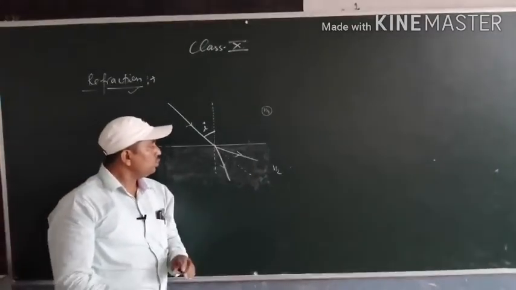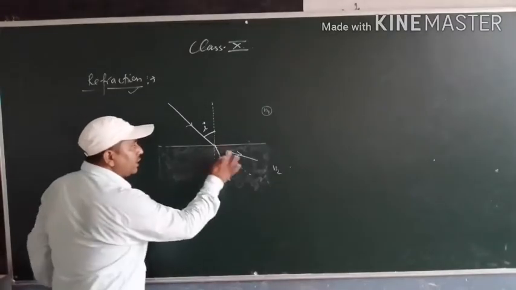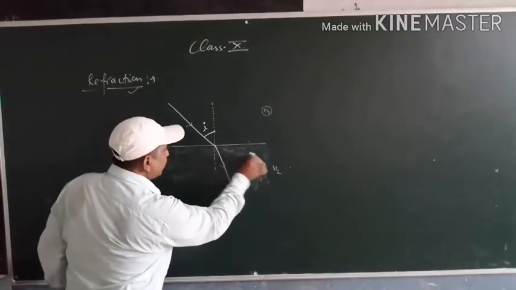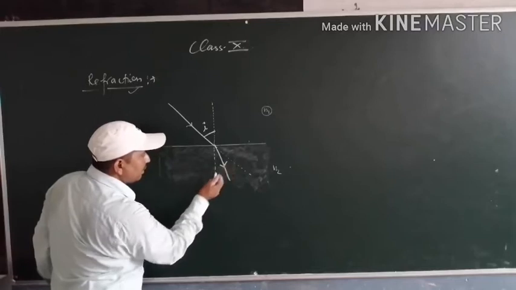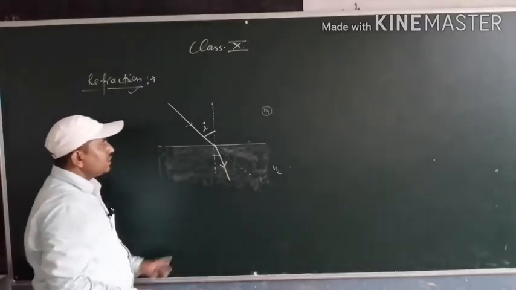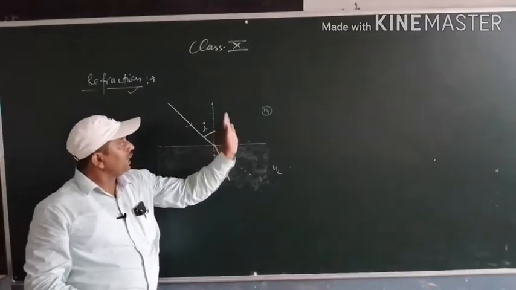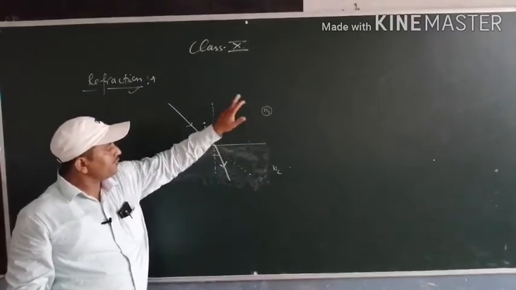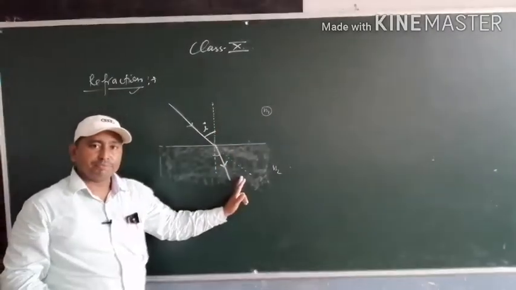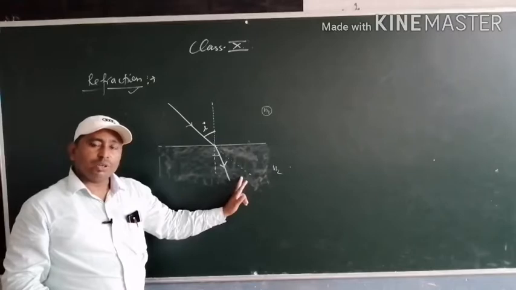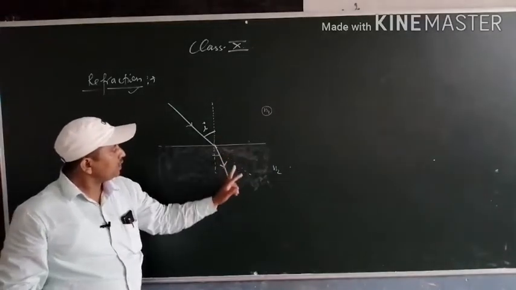If the light ray is going towards the normal, it means the light is going from a rarer medium to a denser medium.